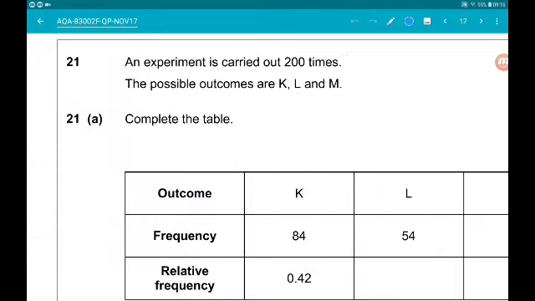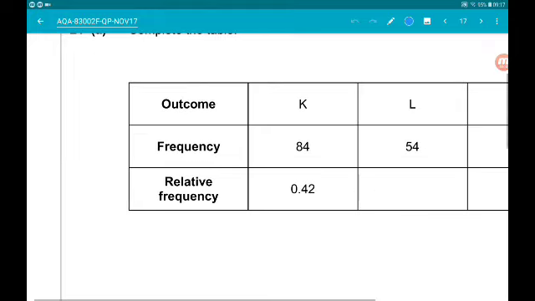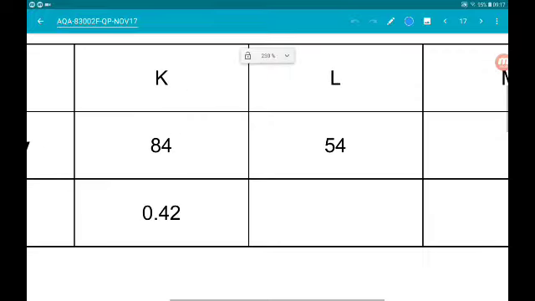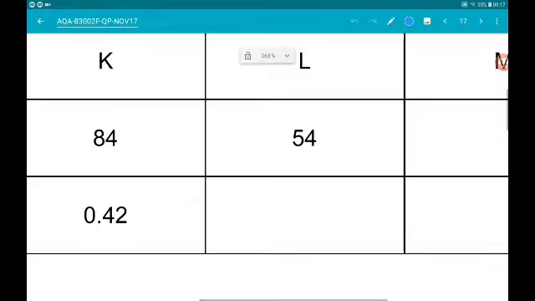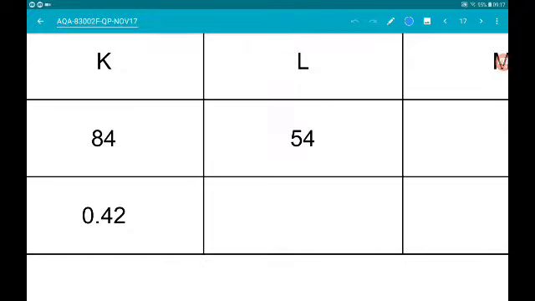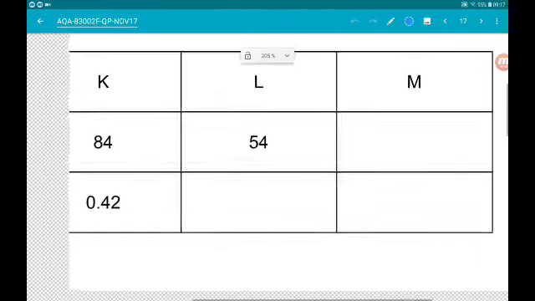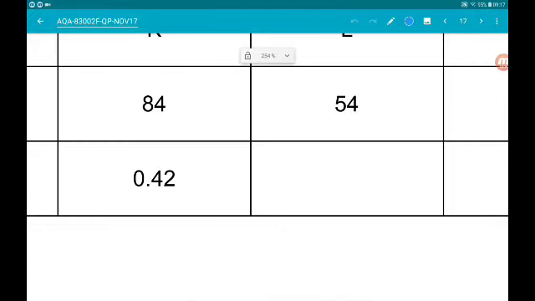Okay, question 21. An experiment was carried out 200 times. The possible outcomes are K, L, and M. Complete the table. Okay, so along the top we got the outcomes, they're all there. Second row we've got the frequencies. Now K has 84, L has 54, we don't know what M is, but we do know the 3 numbers need to add up to 200.